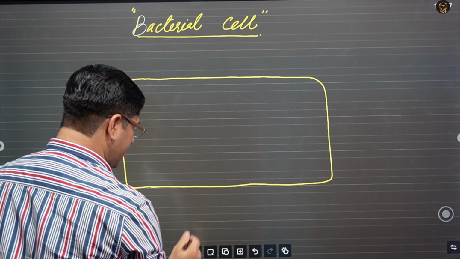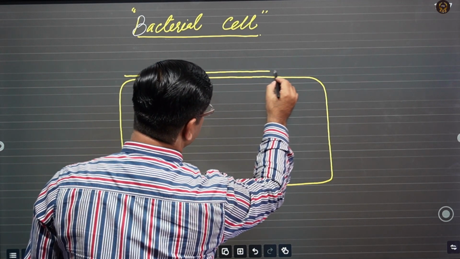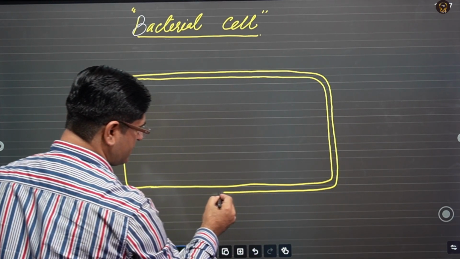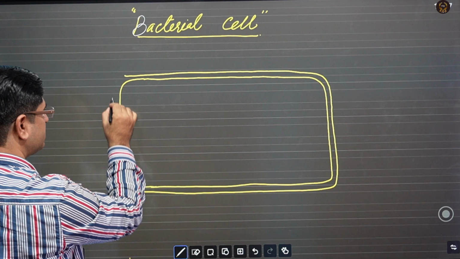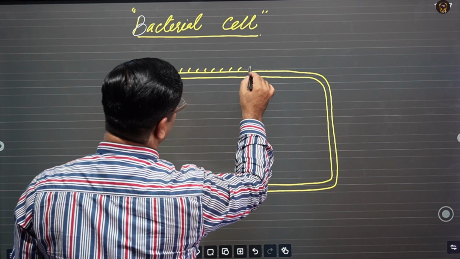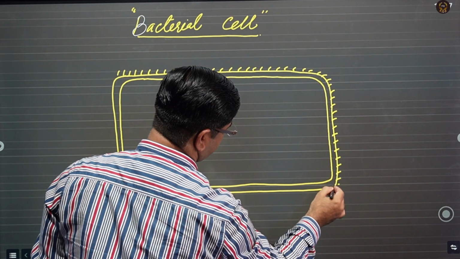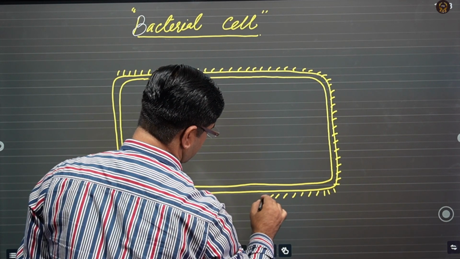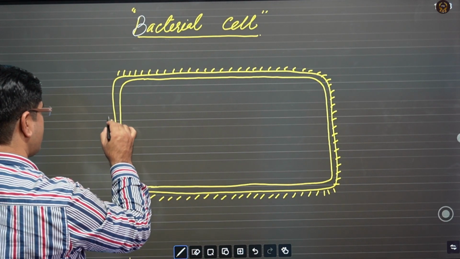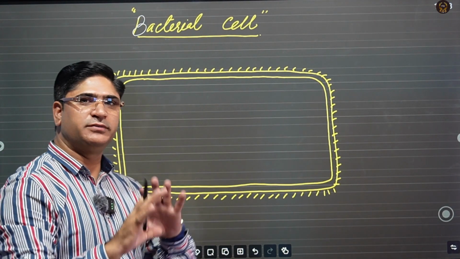This envelope system has different coverings of different layers that I will label also. So this is the outermost boundary of the bacterial cell.